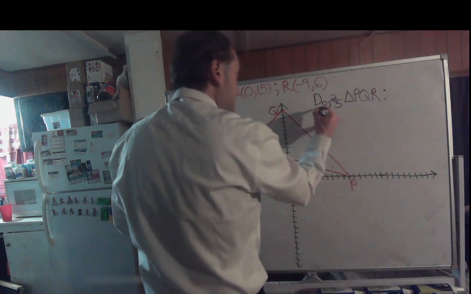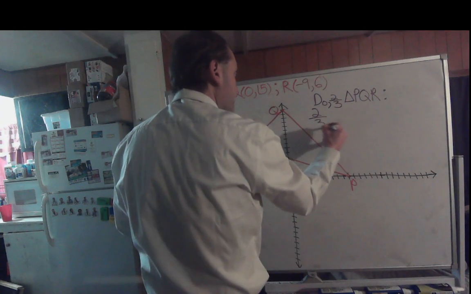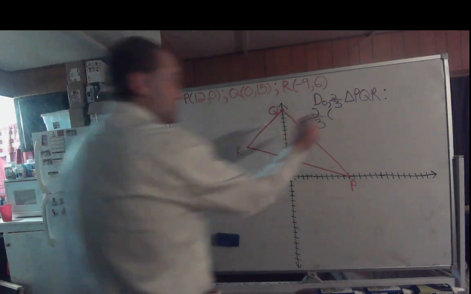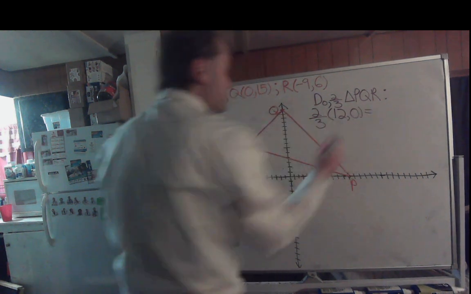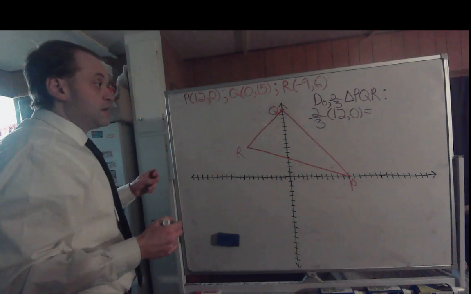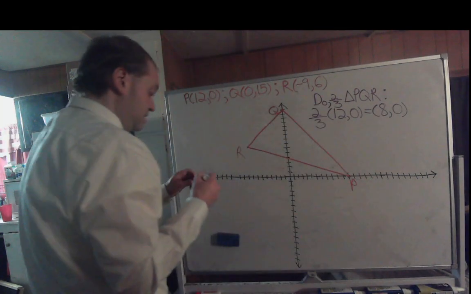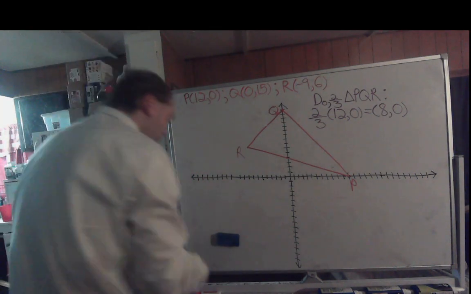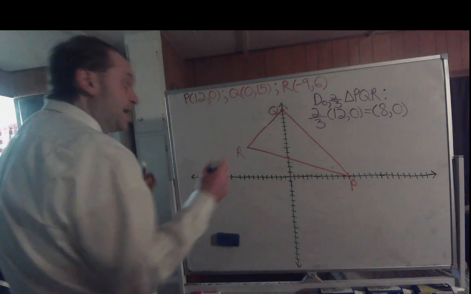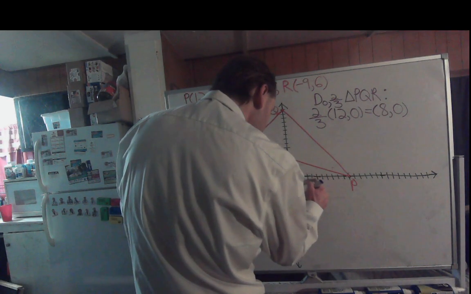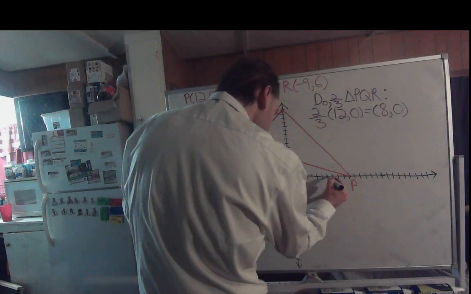So take 2/3 times your coordinate for P, which was 12, 0. Well, what is 2/3 of 12? So that's going to be 8. That would put you at 8, 0. So you end up having the coordinate 8, 0. 4, 5, 6, 7, 8. Here's 8, 0.